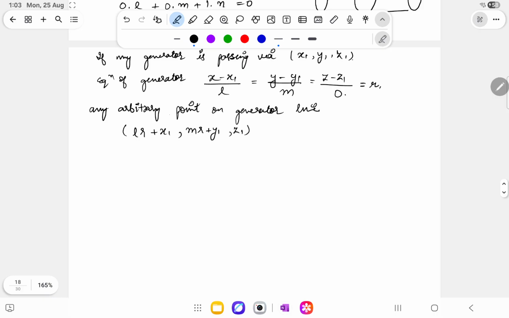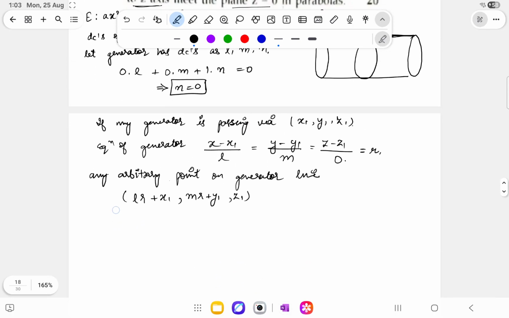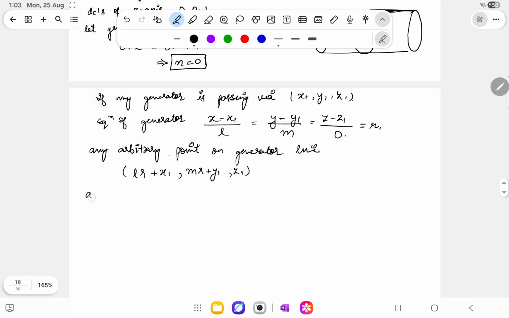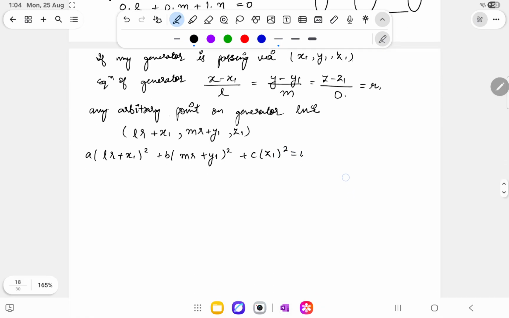So for that I'll substitute this arbitrary point in the equation of the ellipsoid. If I do so, I'll get a(lr plus x1) square plus b(mr plus y1) square plus c(z1) square equals 1.